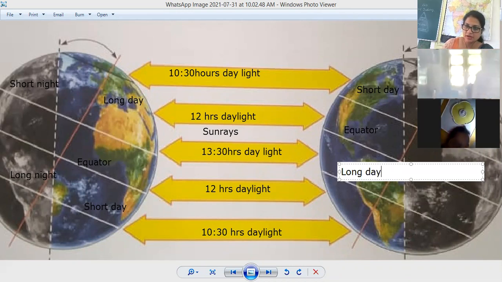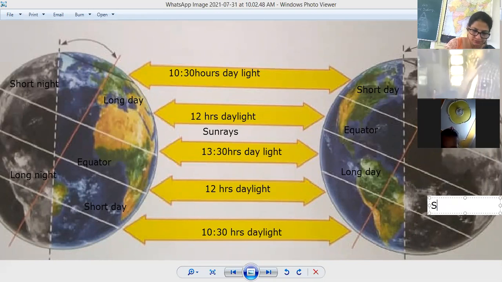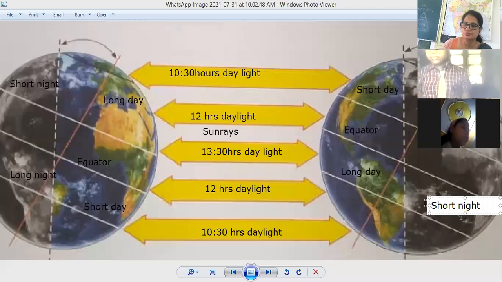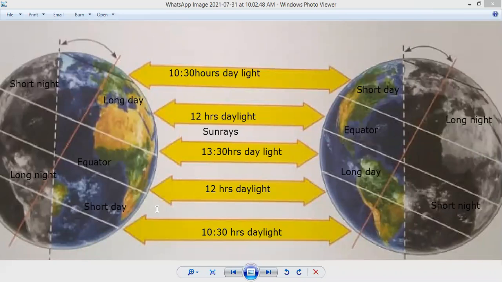Fine. Now I come to this portion of the earth. Write down long night. And here short night. I hope it is clear to all.